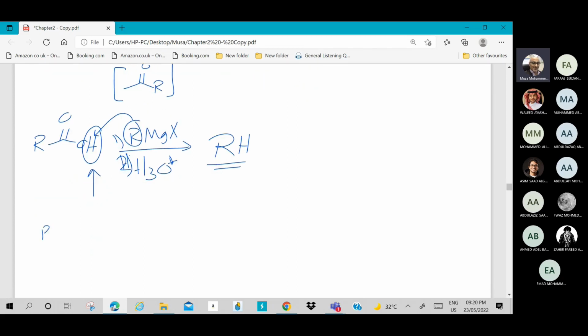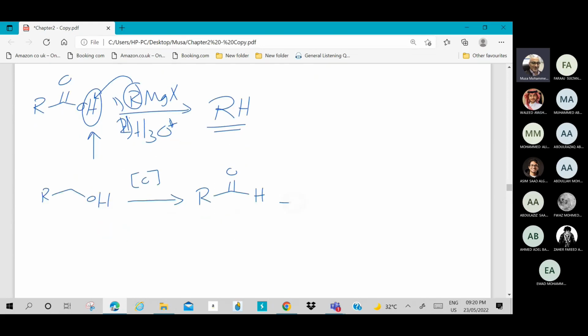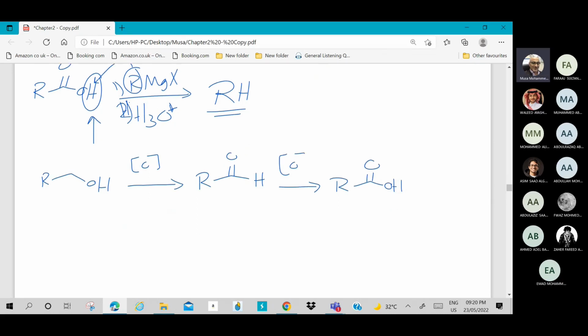I will not list them here, but this is primary alcohol, that when you oxidize it, it will go to aldehyde, C double bond O, H, and this will continue to form R, C double bond O, O, H. So aldehyde is very sensitive, very delicate. You cannot just isolate aldehyde simply. Most of the time it will be oxidized and form the corresponding carboxylic acid.